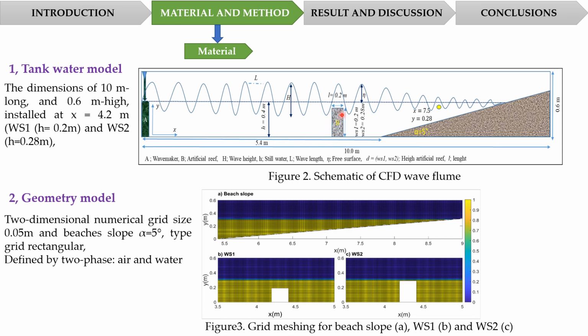The structure is installed at location x equal 4.2 meters, with two types: WS1 has a height equal to 0.2 meter and WS2 has a height equal to 0.28 meter.